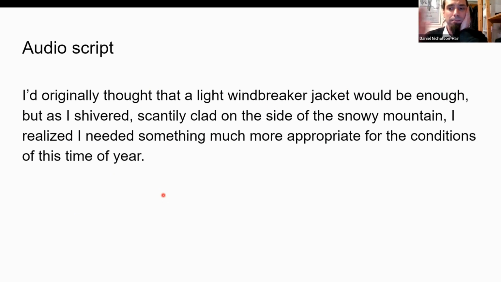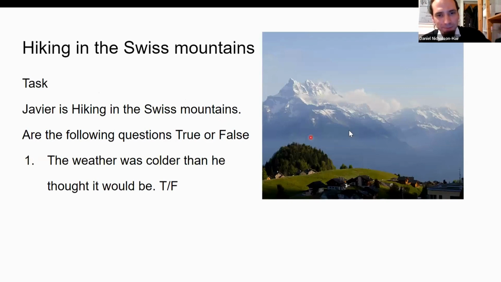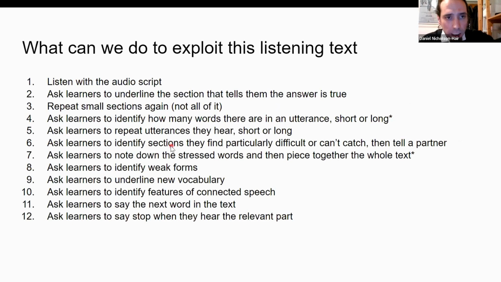Stop. There we go, he already thinks that it's cold. But as I shivered, stop. Scantily clad, stop. There's lots and lots of language that gives you the answer true here. And these are my 12 ideas.